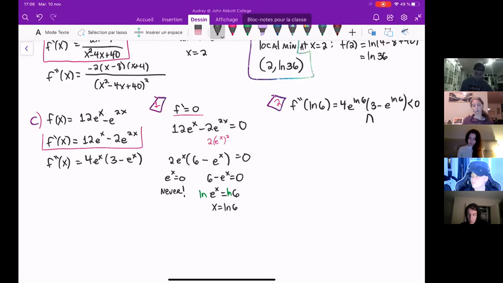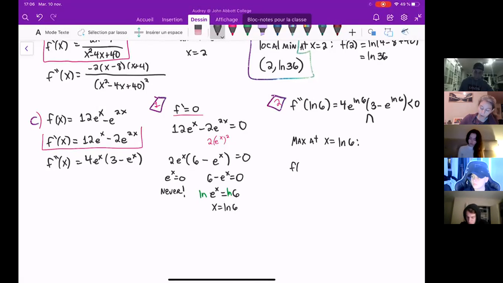So is that a min or a max? Max. So here I have a max at x is equal to ln 6 that we need to plug in now.